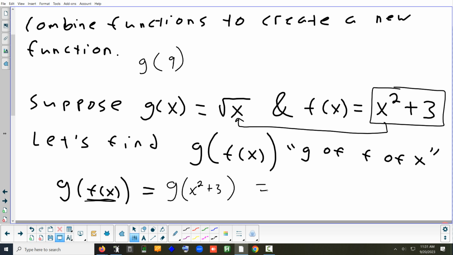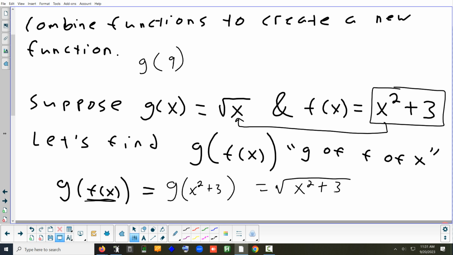So can anyone tell me what that's going to look like if you take function g and then replace the letter with what's in those parentheses? The new function would be, doesn't matter what the letter is? Yes. So g of f of x would be the square root of x squared plus 3? Right. It's the square root of x squared plus 3.